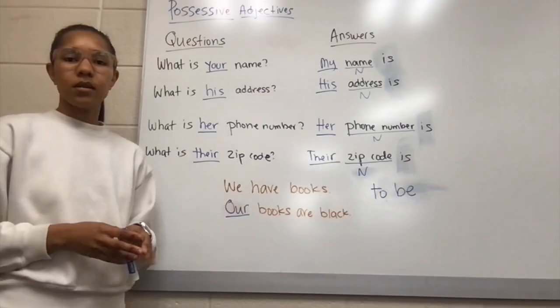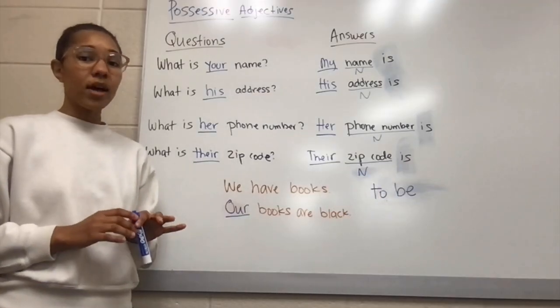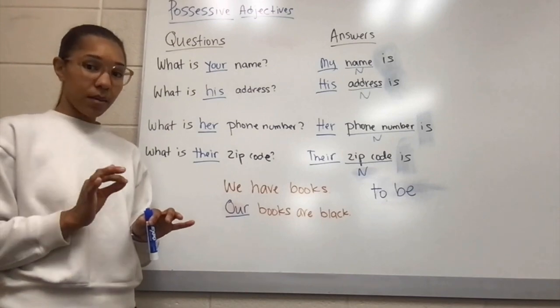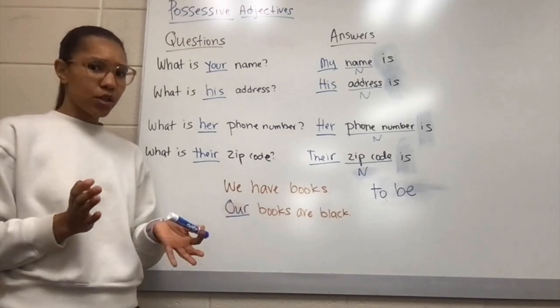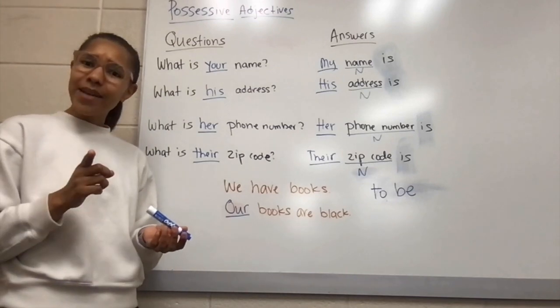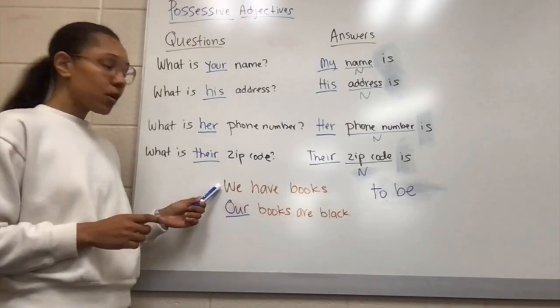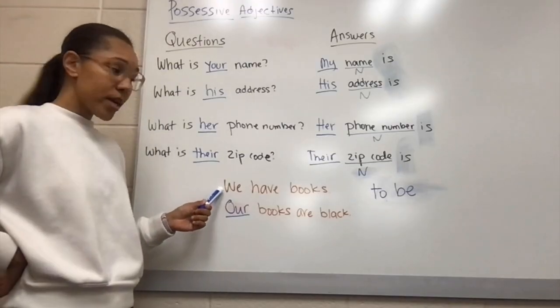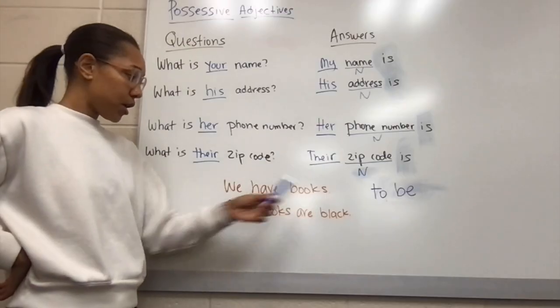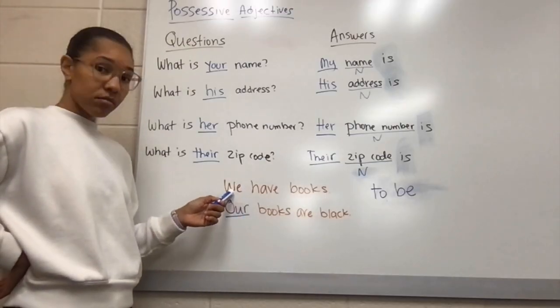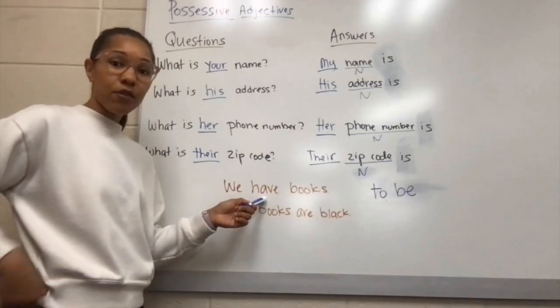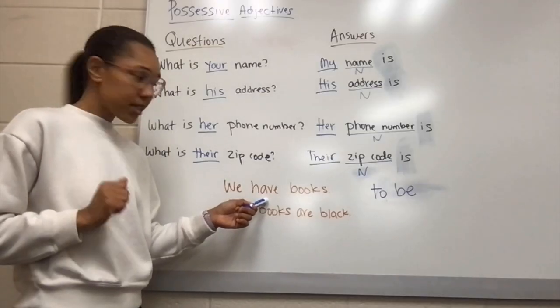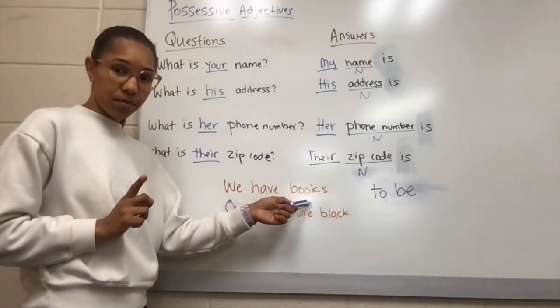So that's amazing. So you may be wondering, what about we? We have a subject, we, but is there a possessive adjective? Well, I am very glad that you asked. Let's look at this sentence here. We have books. So we, subject, very good, have this new verb we just learned, and books, which is a noun.